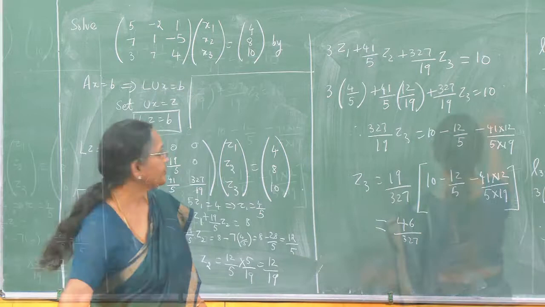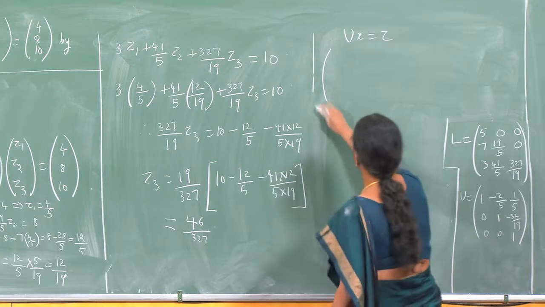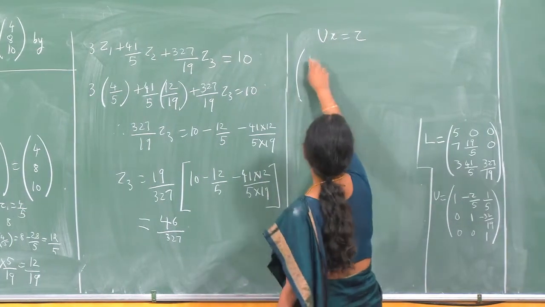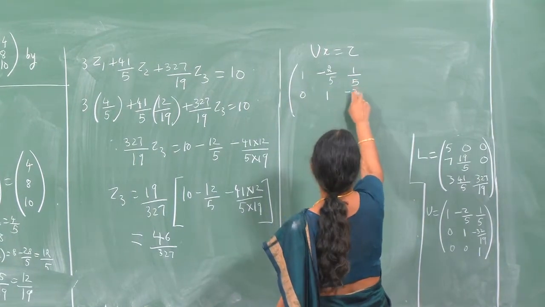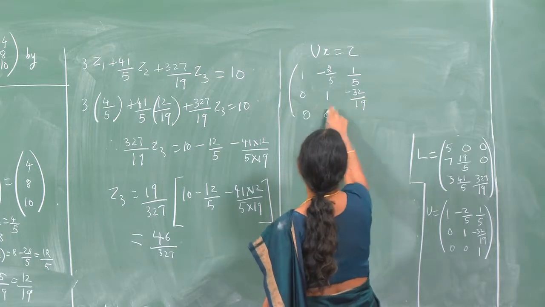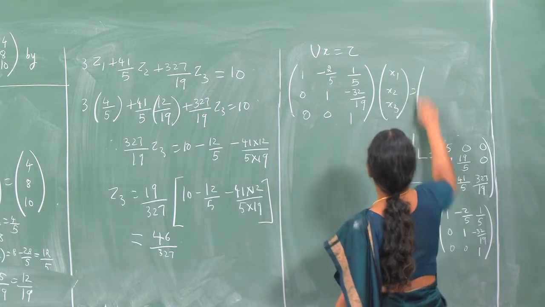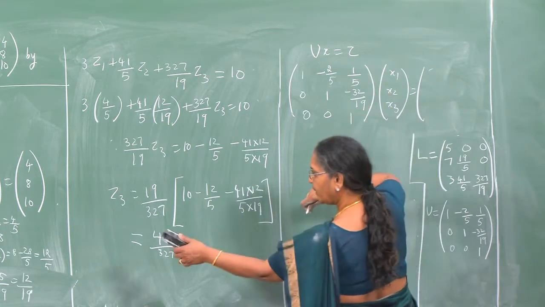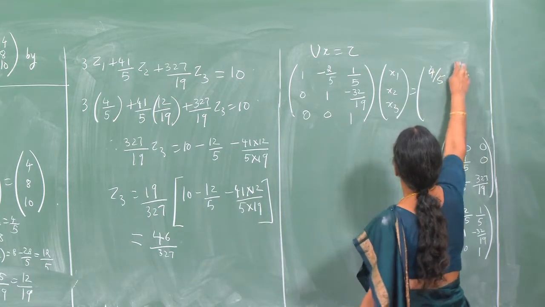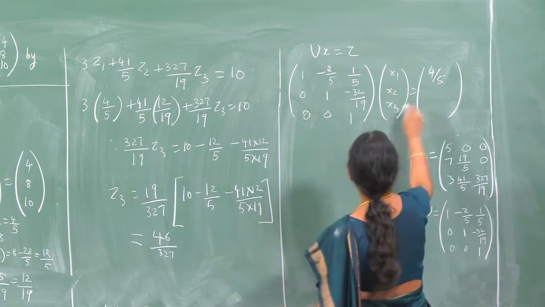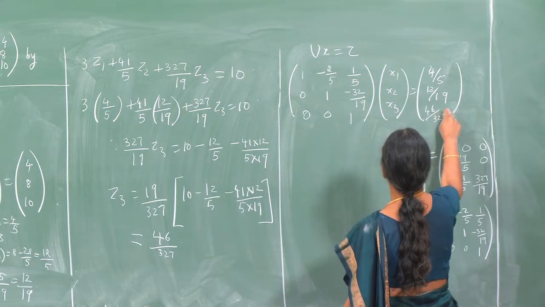So, now that you have the components of the Z vector, you can solve the system Ux equal to Z. The system is given by Ux equal to Z, where U is 1, minus 2 by 5, 1 by 5, 0, 1, minus 32 by 19, 0, 0, 1, into the unknown vector x1, x2, x3 is z1, z2, z3, and we have already computed z1, z2, z3 as 4 by 5, 12 by 19 and 46 by 327.